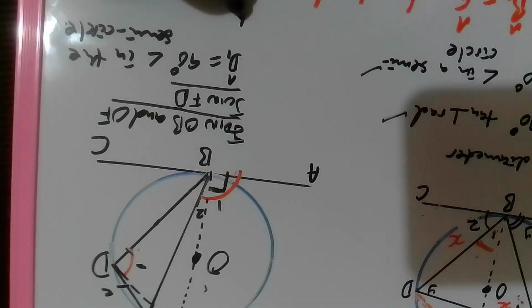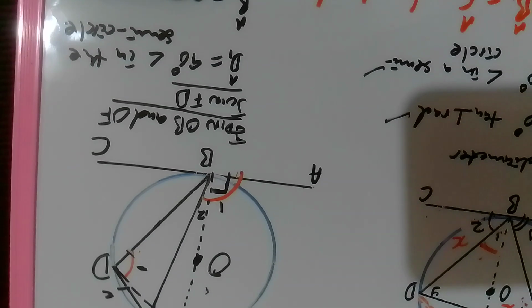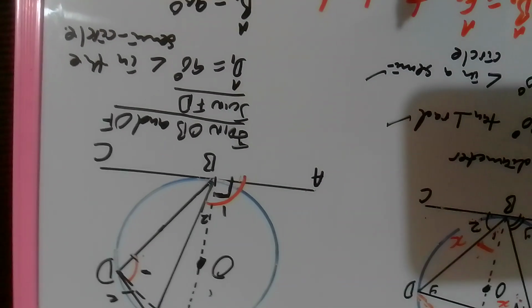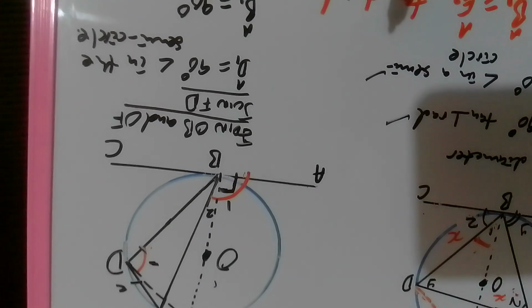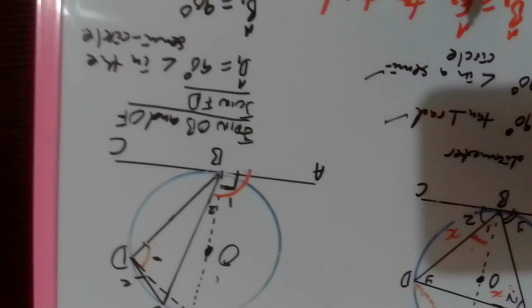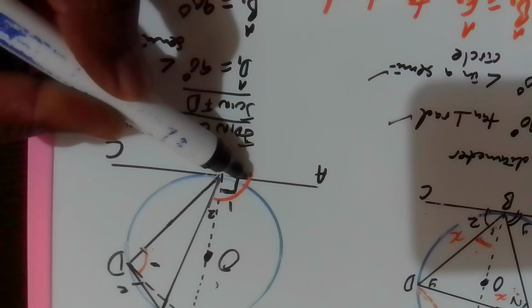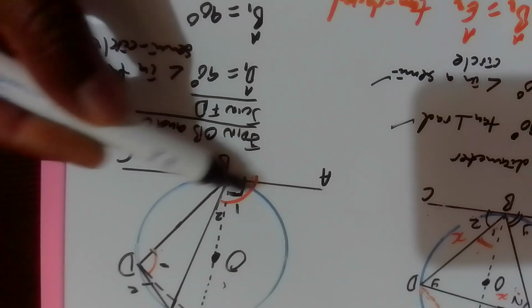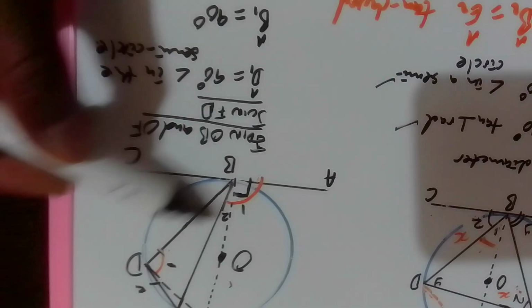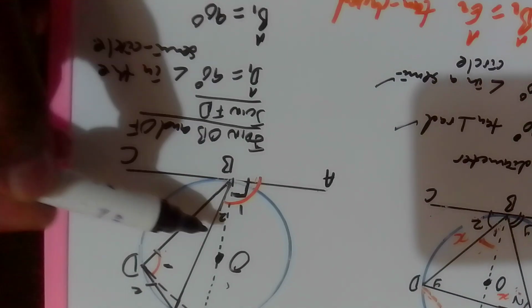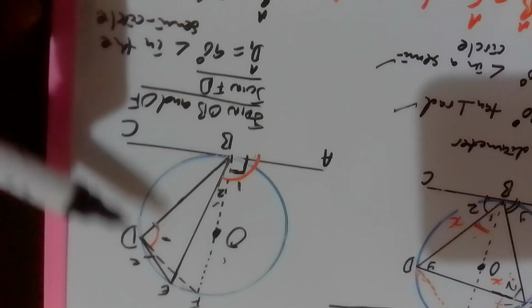So now I say angle B1 is equal to 90 degrees. But remember, my theory was saying that the entire angle D is equal to the entire angle B, meaning the entire angle B is B1 plus B2. And so far I've proven that B1 is equal to D1. So what's left for me is to prove that this B2 is equal to this E2, right?